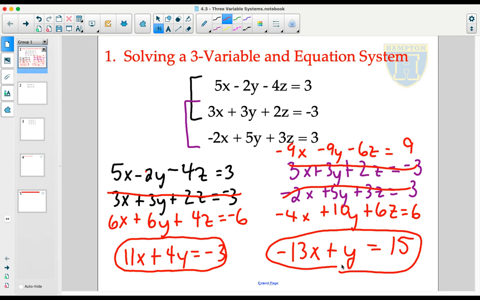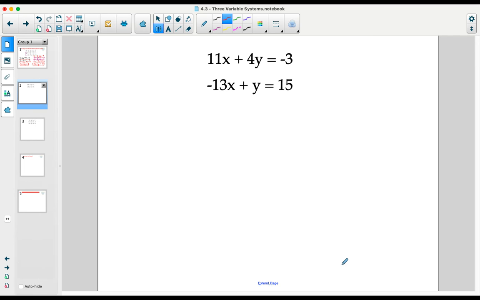Once we're onto those two equations, solving them just goes back to the way that we solved any system previously. Because I already have them lined up in standard form, I'm going to eliminate the variable y by multiplying the bottom equation by negative 4. That's going to change this equation to 52x minus 4y equals negative 60.